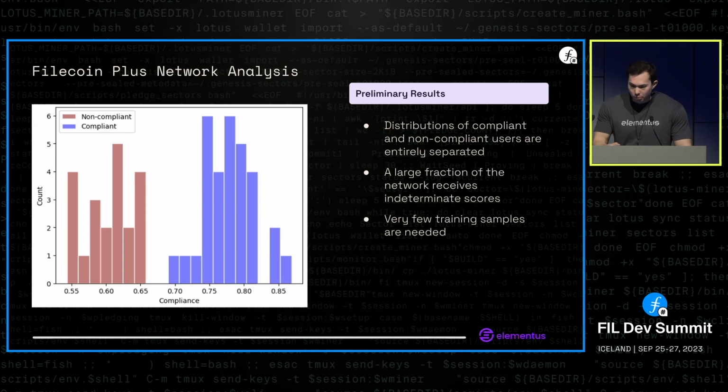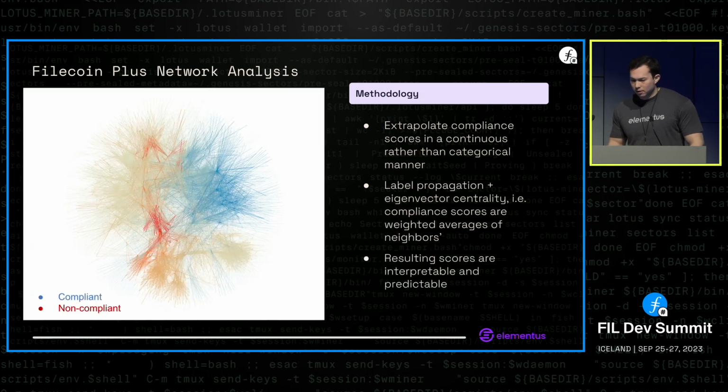I'll also point out that a large fraction of the network is scored indeterminately. That corresponds to the yellowish region. The upshot is that very few seed values are required to obtain good coverage of the network, and this method tells us exactly where to look. We know that we should sample or inspect these blind spots in the network to gain good coverage.